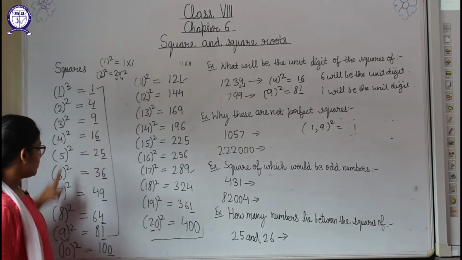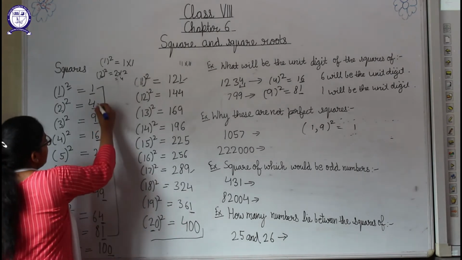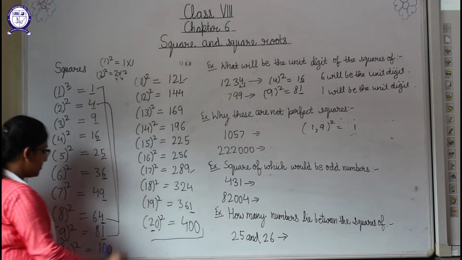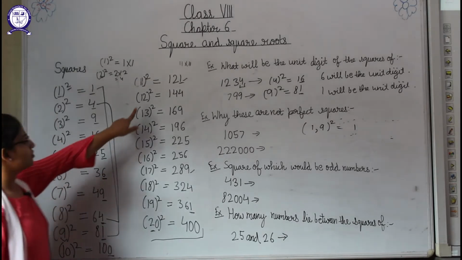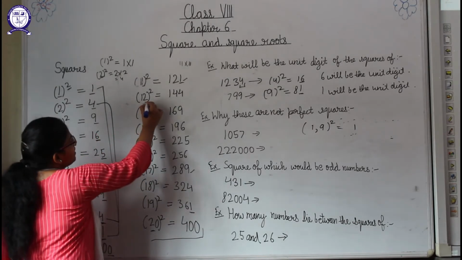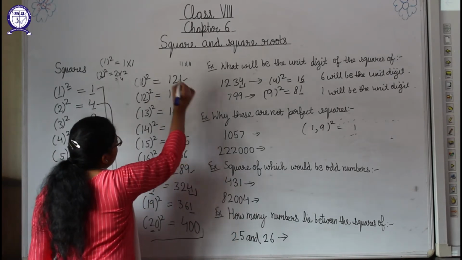Similarly, 2 square is 4 and here 8 square is 64, means the unit place digit is 4. It means whenever the unit place digit is 2 or 8, you can see here also it is 2 or 8. So what is the unit place digit? 4 is the unit place digit.